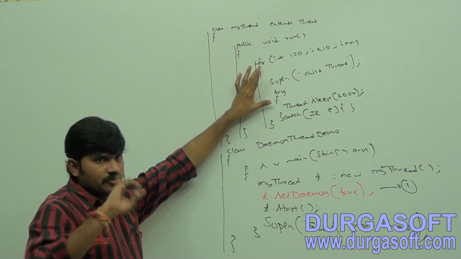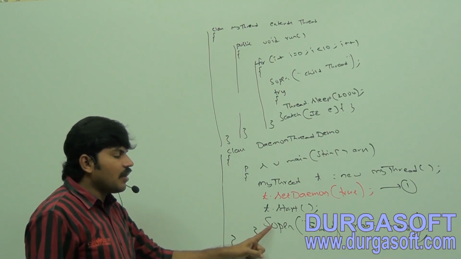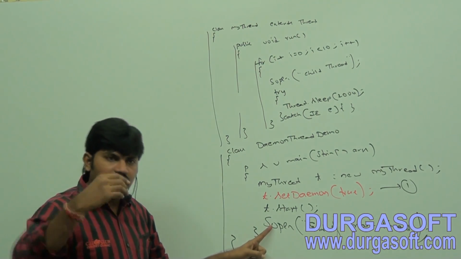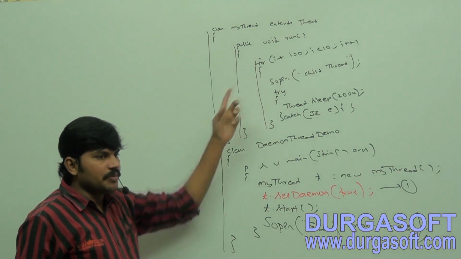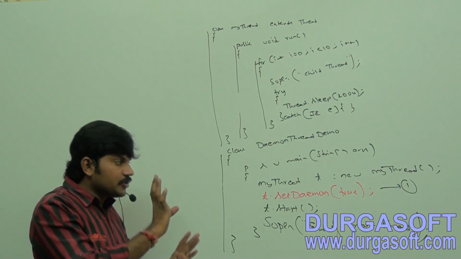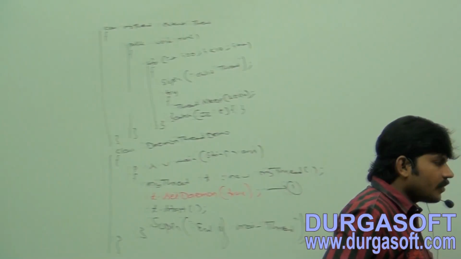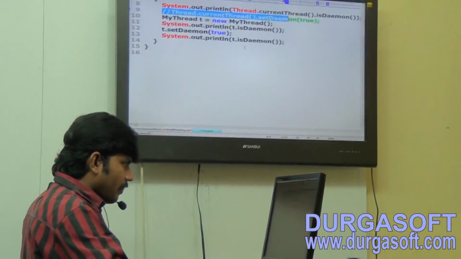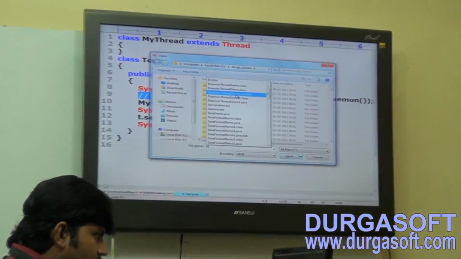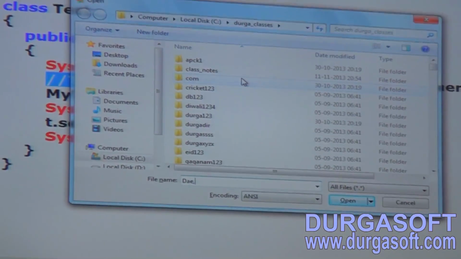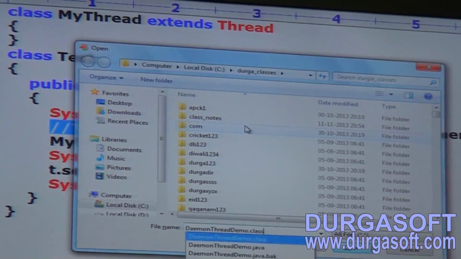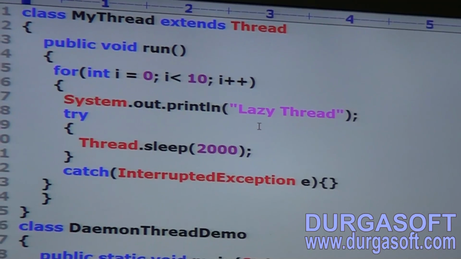The child thread won't continue its execution, because once the last non-Daemon thread completes, all Daemon threads will be terminated. Are you getting that? Let me show practically whether this is possible. Here, DaemonThreadDemo.java. Just one minute.